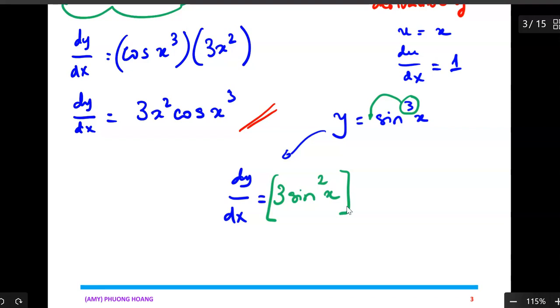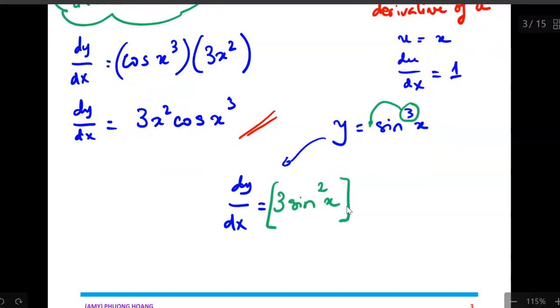The second thing you have to do is apply the derivative of sine. So what is the derivative of sine? The derivative of sine is cos, so I will write cos of x. Alright, and the last thing is the derivative of the argument, which is 1.